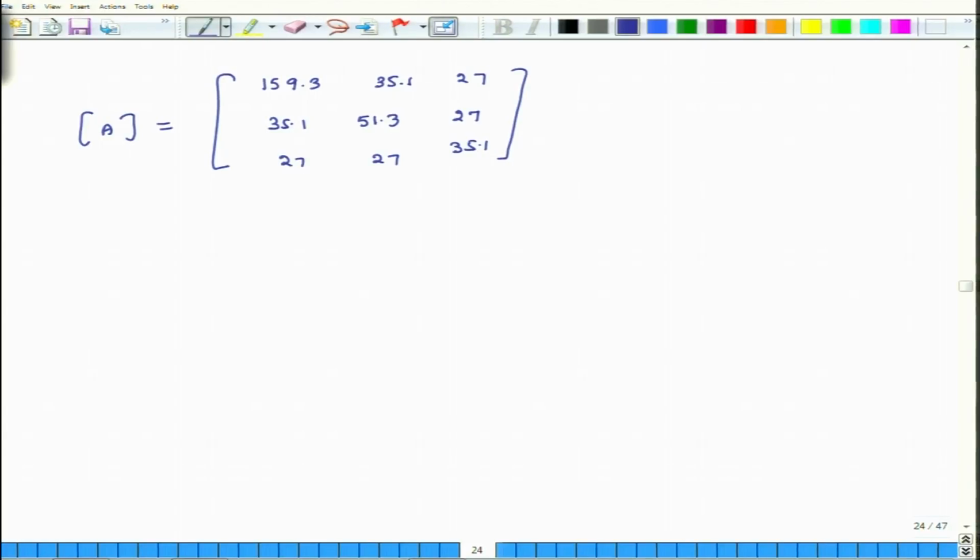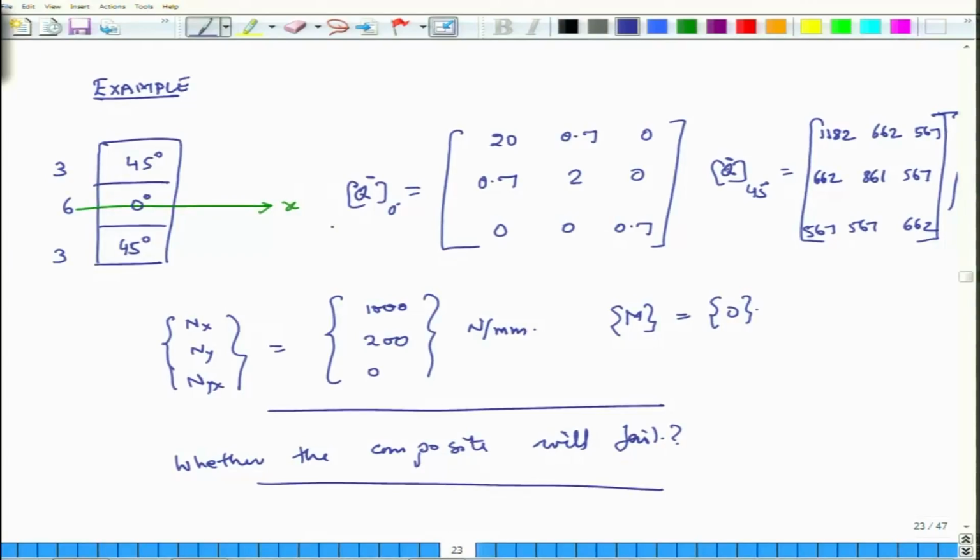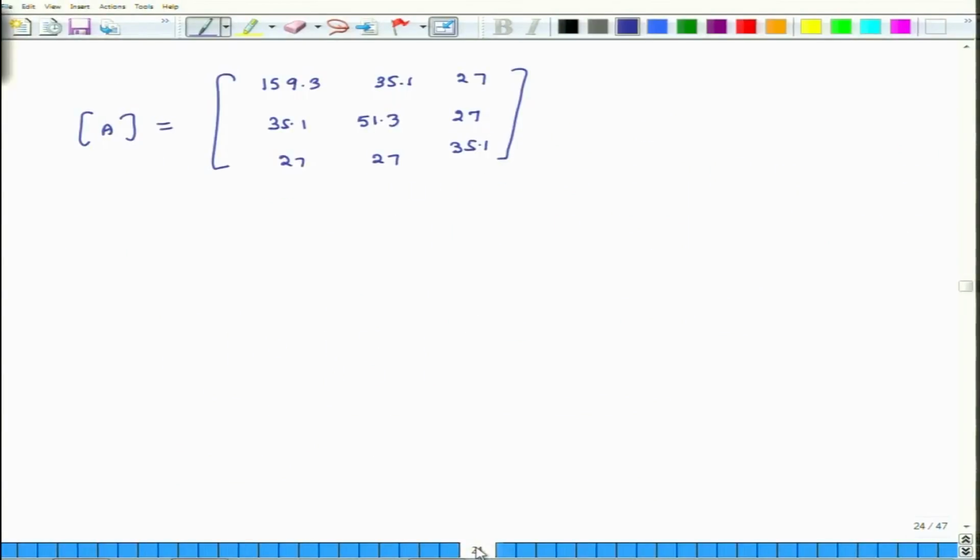Because this laminate is symmetric about the mid plane, its B matrix is 0, it has no elements in the B matrix.